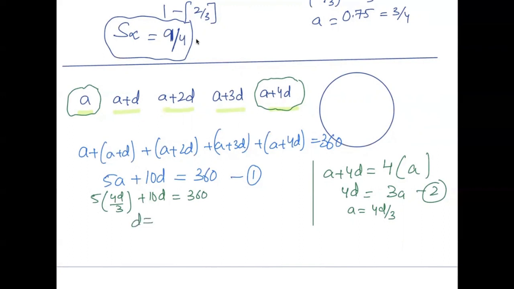What's the value of D? 21.6. Okay. Now, what's going to be the value of A? I'm getting 28.8.